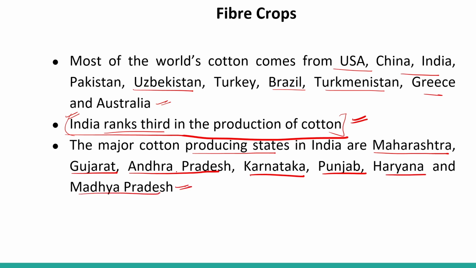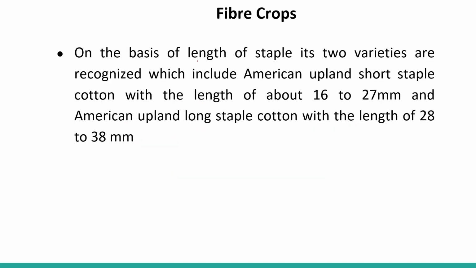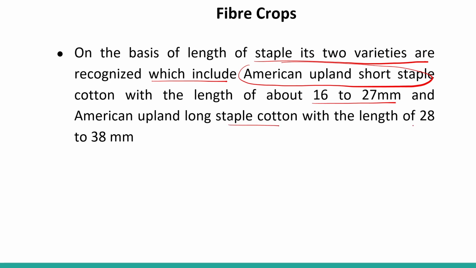also Madhya Pradesh. On the basis of the length of the staple, 2 varieties are recognized, which include American upland short staple cotton with a length of about 16 to 27 millimeter, and American upland long staple cotton with a length of around 28 to 38 millimeter.